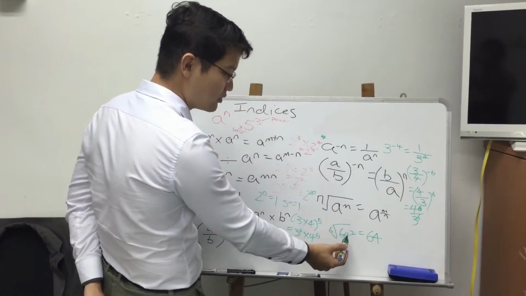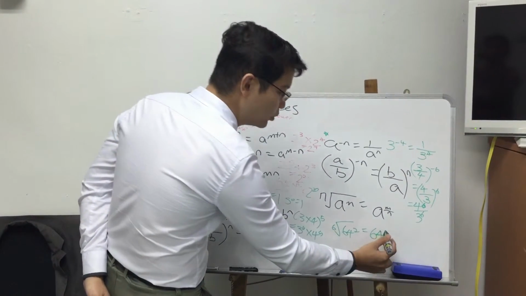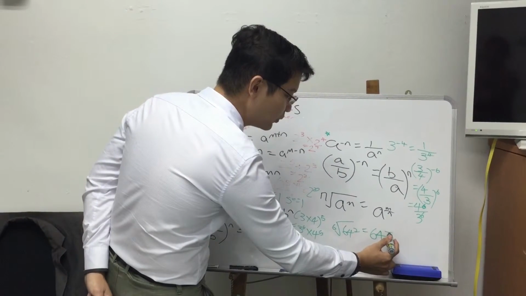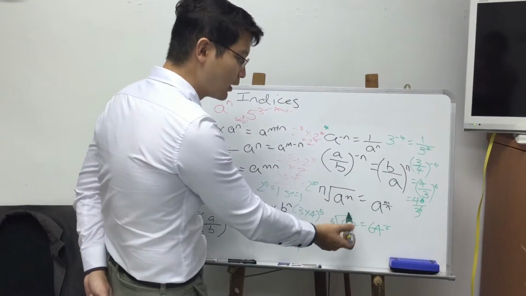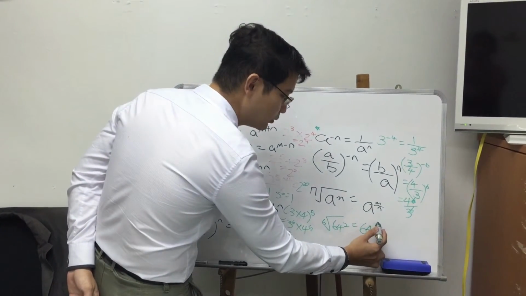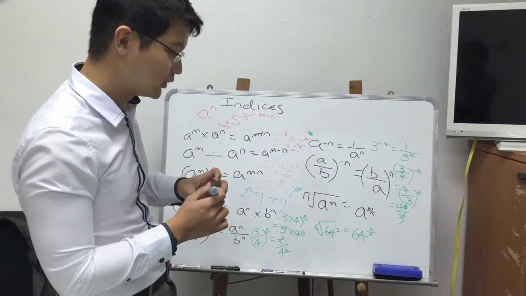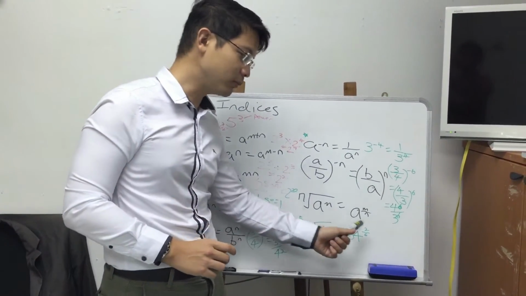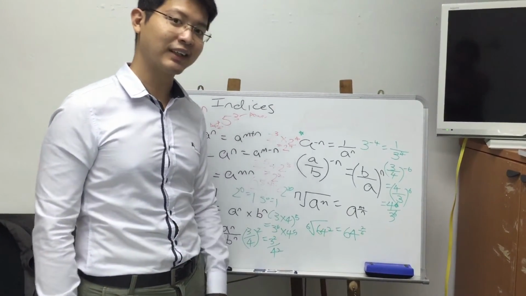This will be 64 to power, this is the root, so the root will be the denominator, so you have over 6. What over 6? Since this is power 2, you write 2. If it is 1, you will write 1, and so on and so forth. But the power will be the numerator, the root will be the denominator.